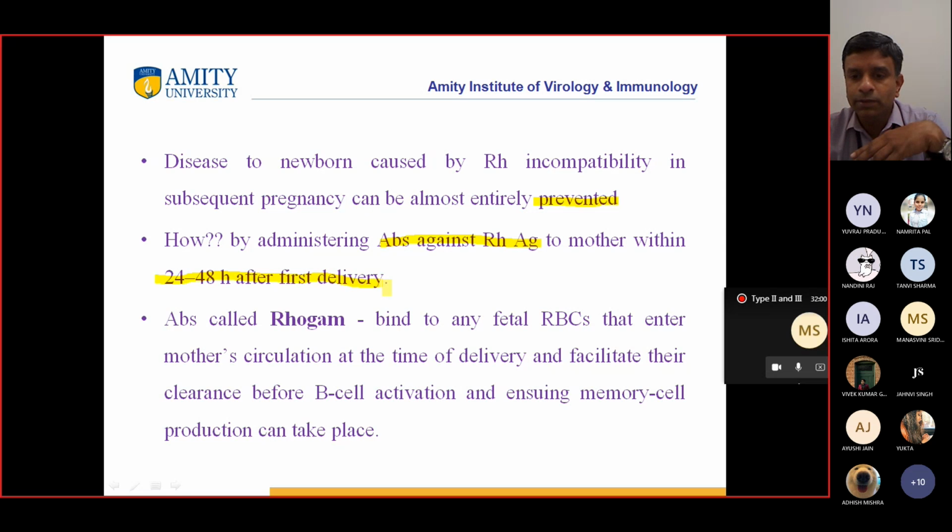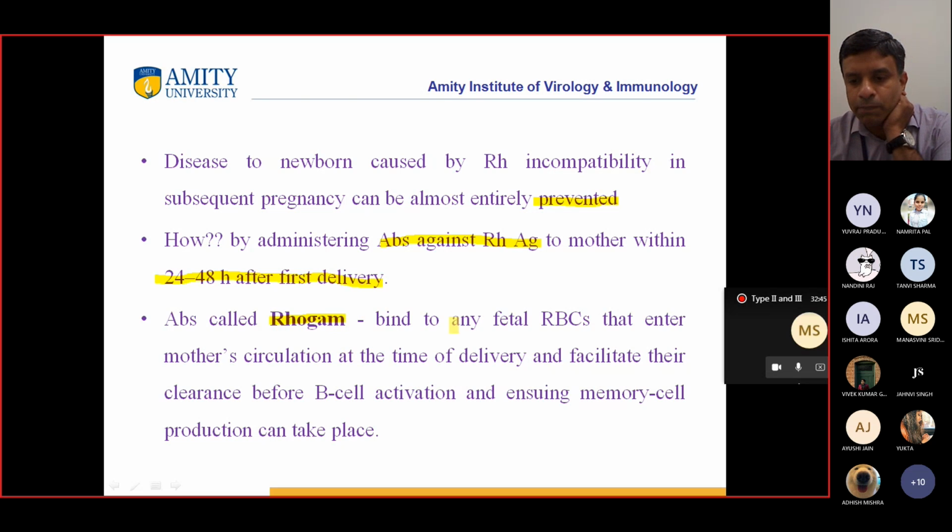Those anti-RH antibodies will go and bind to the RBCs, and they will remove them from the mother's circulation before the immune system gets activated. It's like when someone wants to do some mischief and is alone at home, so do it before mom and dad come, okay? So here also it's the same case: before the mother's immune system gets activated, remove the Rh positive blood cells. Now these anti-RH antibodies are called ROGAM.